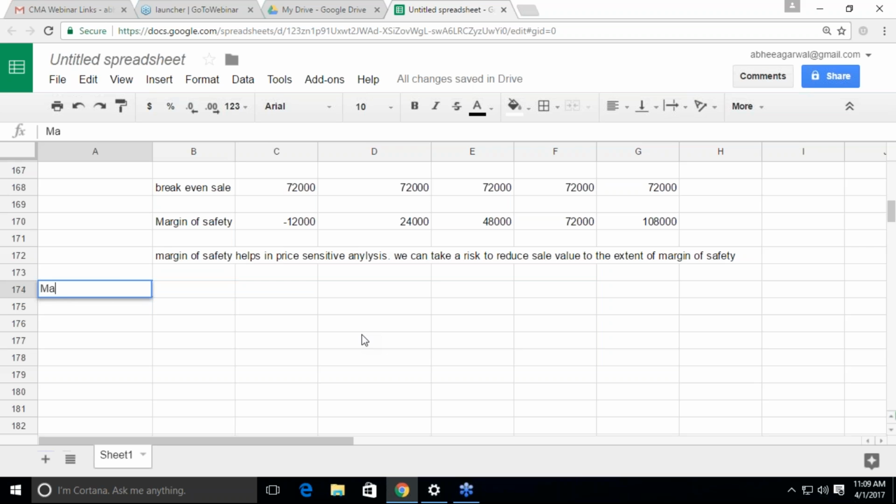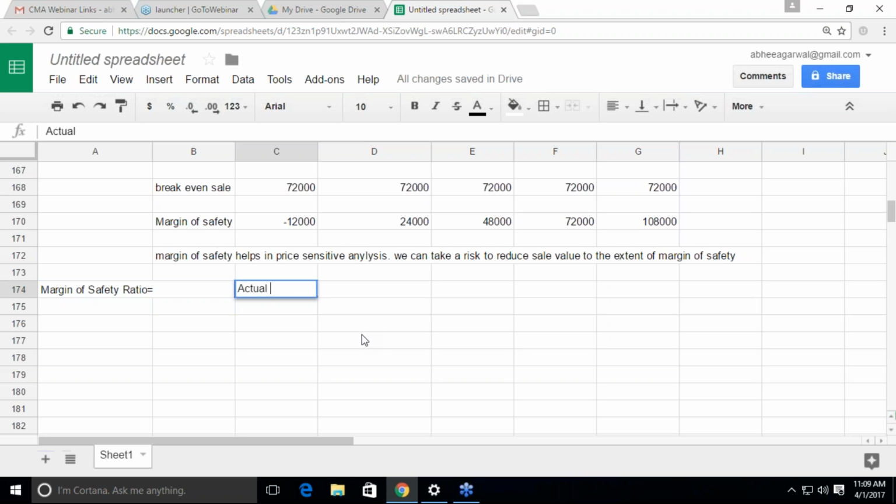One more formula I want to tell you: margin of safety ratio, which helps us calculate the margin of safety in percentage terms.